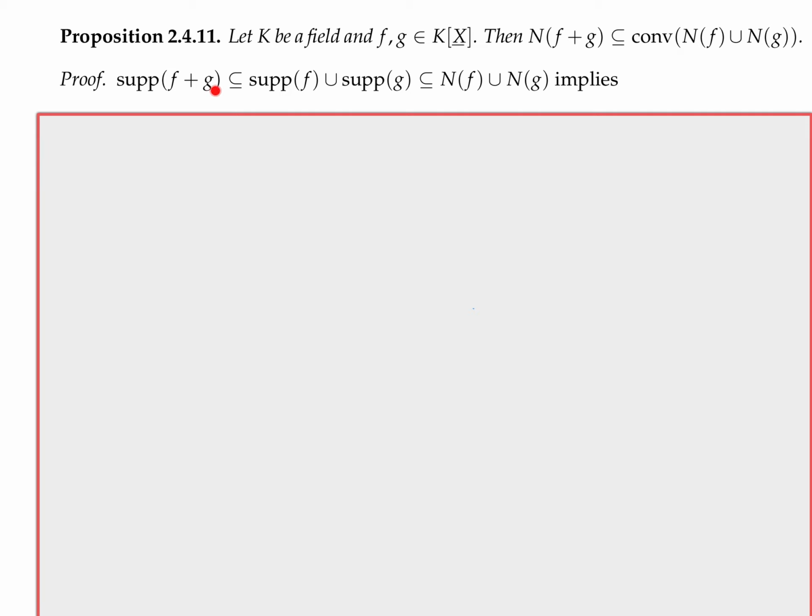Because the support of f plus g is clearly contained in the support of f union the support of g, right? It must not be equal, right? Because again, it could happen that you add two monomials and the coefficients of the same monomial in f and g neutralize each other when one is minus the other. So in f and g there could appear monomials that don't appear in the sum anymore.